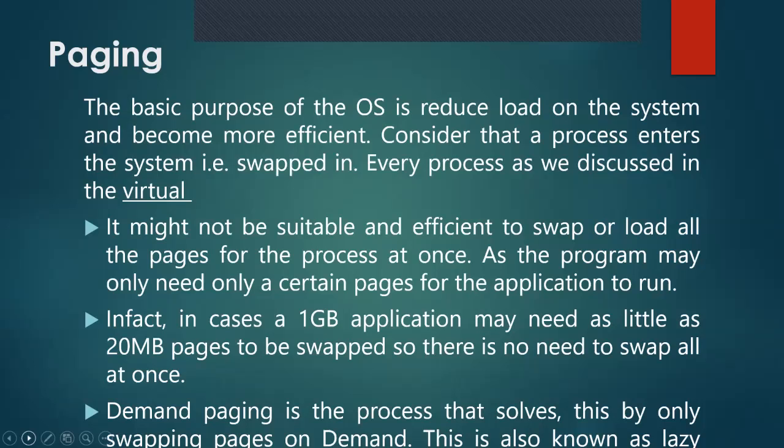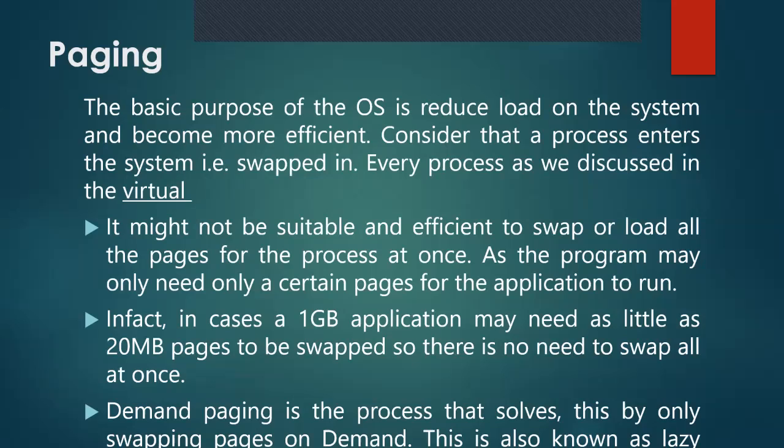In fact, a 1 GB application may need as little as 20 MB of pages to be swapped, so there is no need to swap all at once. Demand paging is the process that solves this by only swapping pages on demand. This is known as lazy swapping.